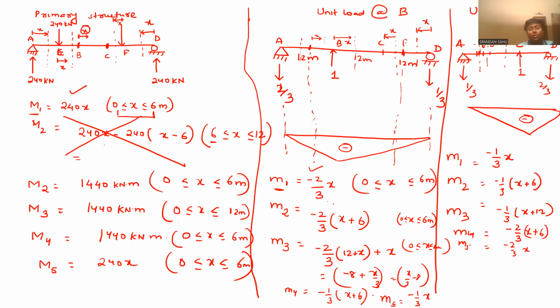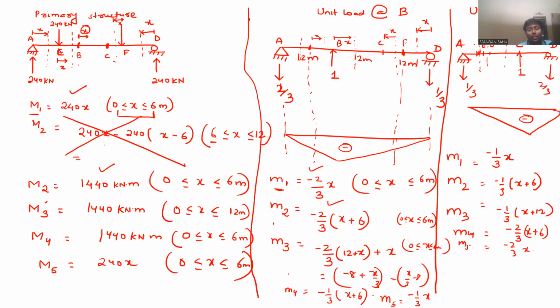Similarly, M2 multiplied with 1440, dx by EI, integrate from span length E to B. Then M3 with capital M3 dx by EI, integrate over span B to C.